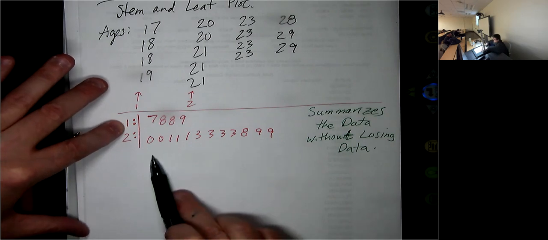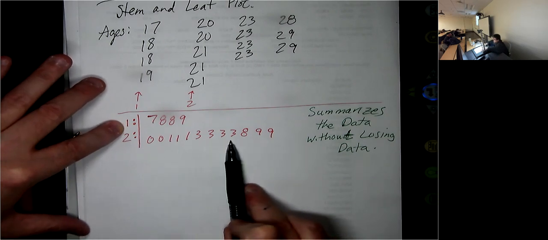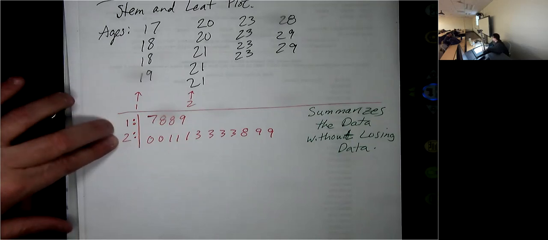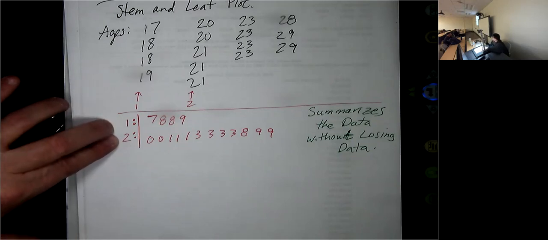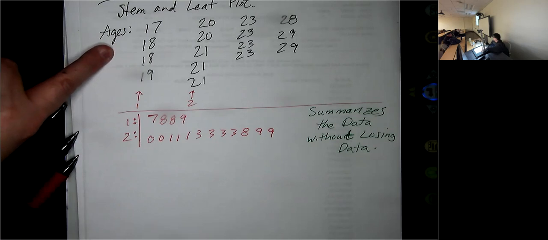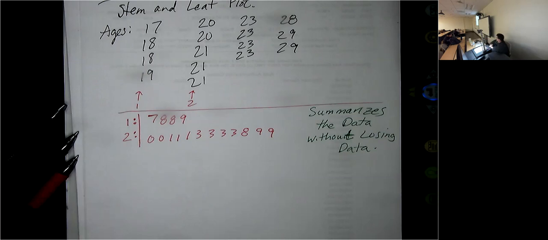And if I counted them up, I got 12 entries. I got more entries in the 20s range than in the 10s range. Okay, so it gives me some form of summary. But if I need to, I can pull this apart and get all the ages back, because the stem and leaf plot doesn't change anything. It just splits the first digit from the second.